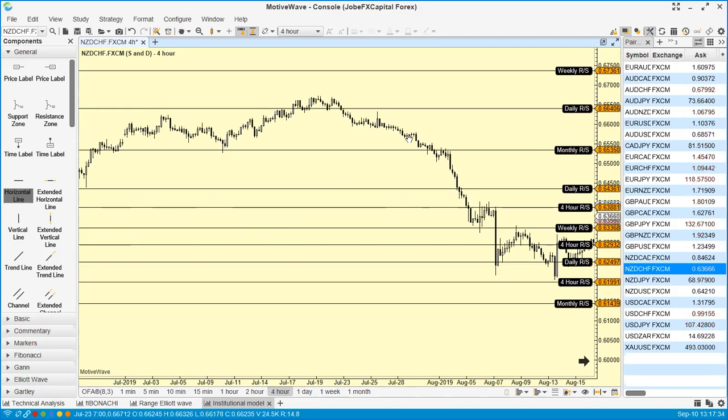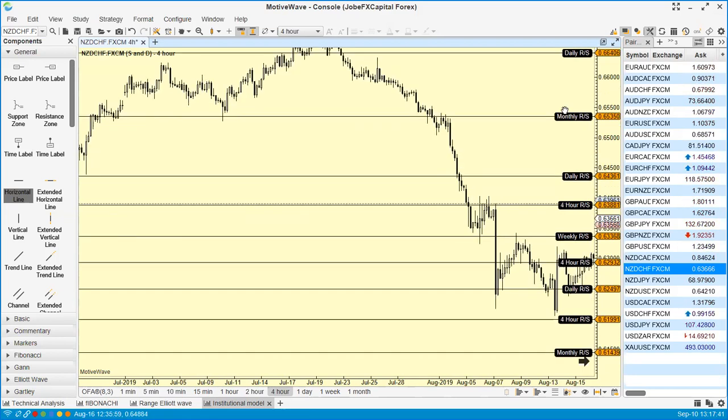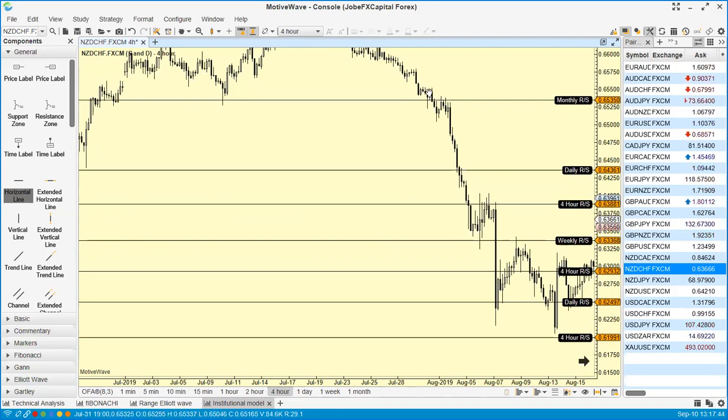Then the price came down. When the price does not bounce there on the monthly chart, it means it breaks it. It's called a break. So it broke this support here. Sometimes when it breaks, it normally comes back to retest it. So it went up to retest it, and then it came down again.